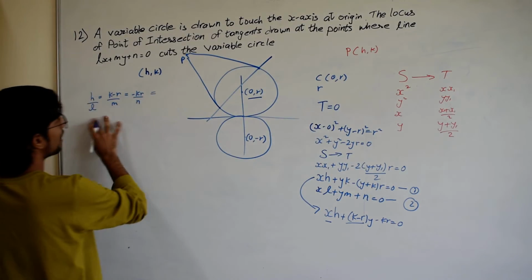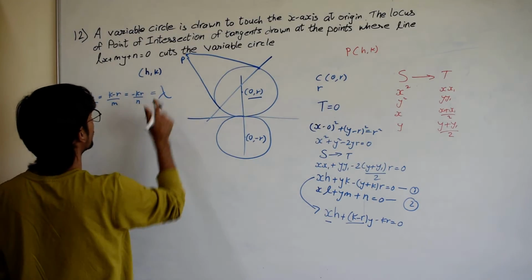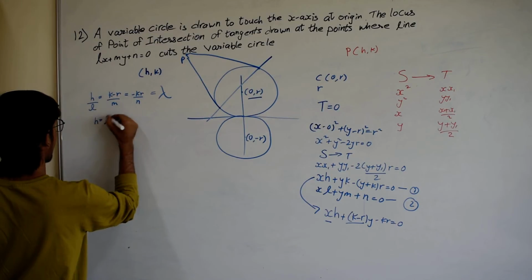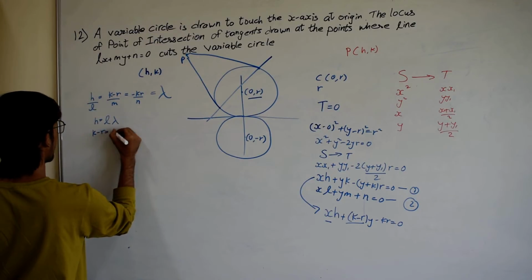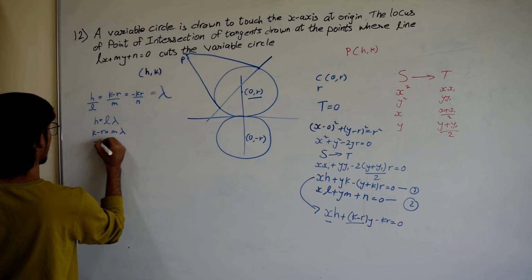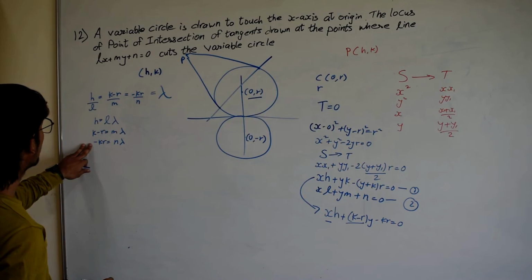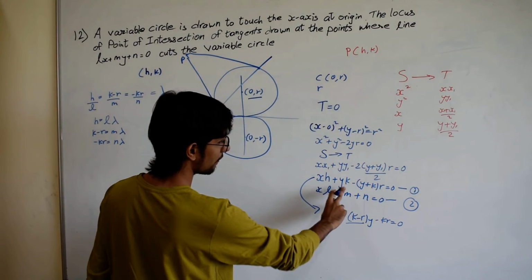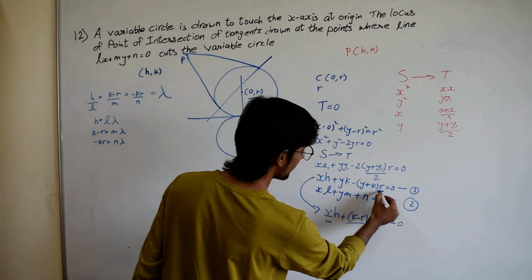For any equation which has two equals signs, we assume each ratio to be lambda. So h would be l lambda, and k minus r would be m lambda, and minus kr equals n lambda. We have only one parameter which we have to eliminate, that is r.